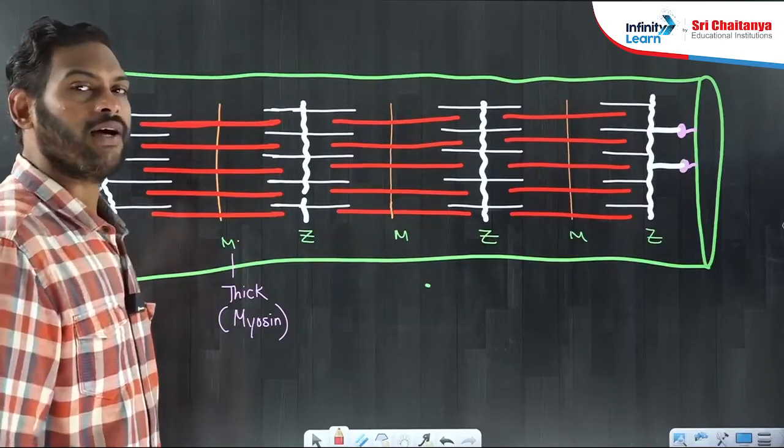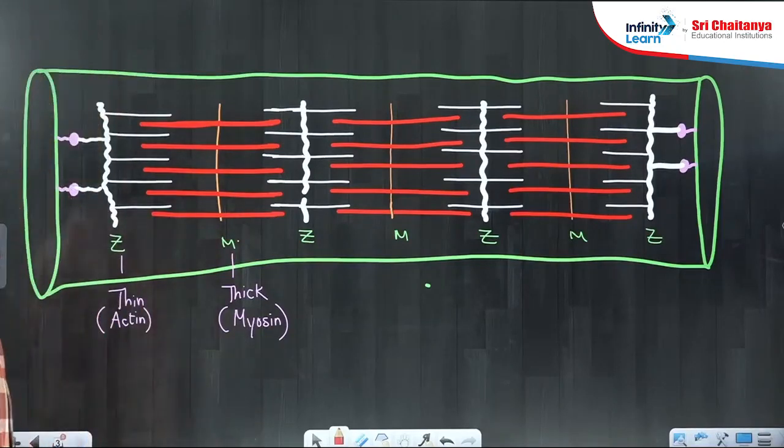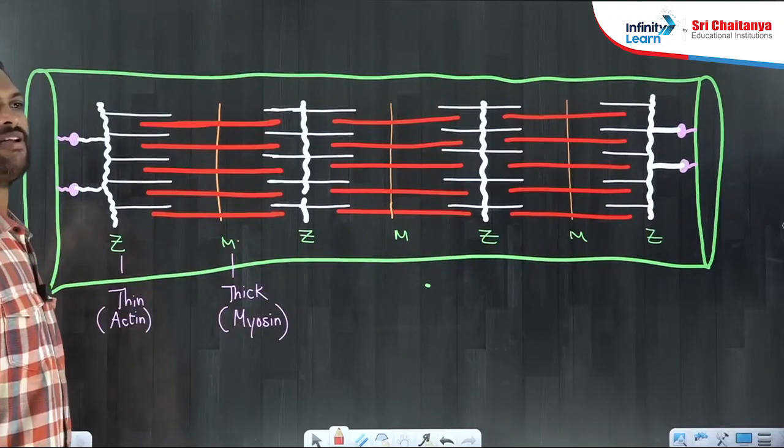So Z lines were attached to thin filaments, whereas M lines are attached only with thick filaments.